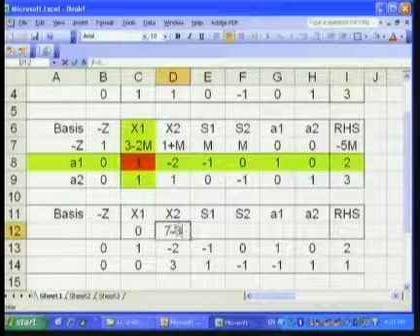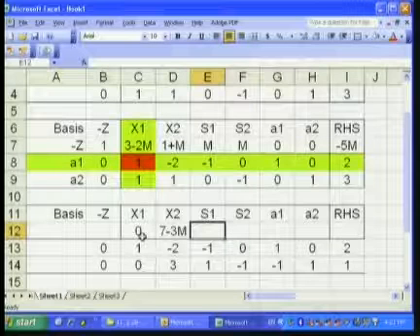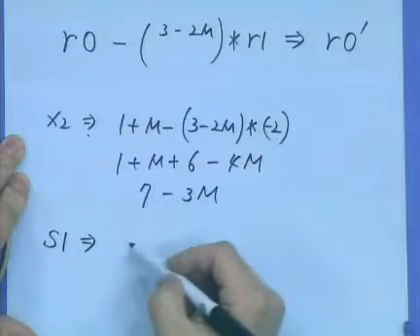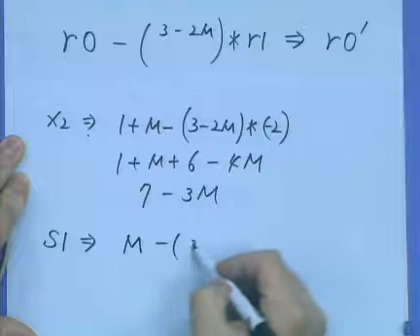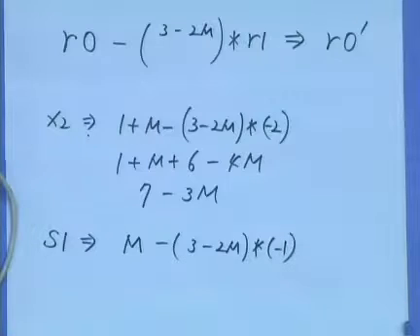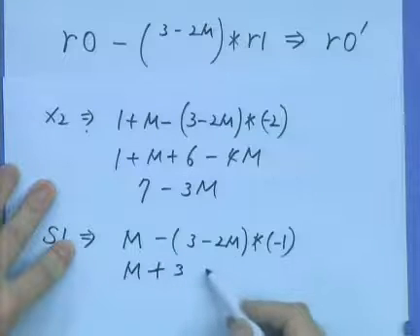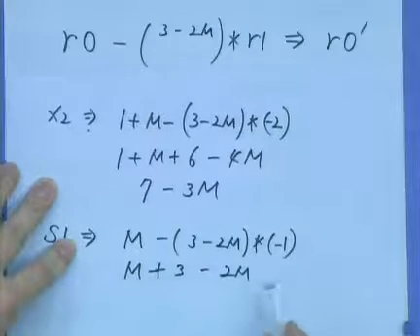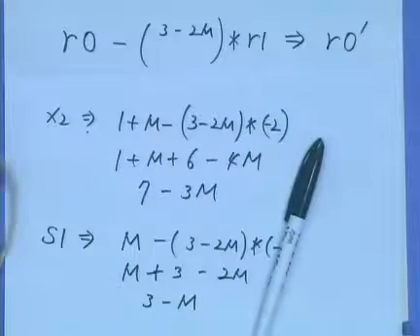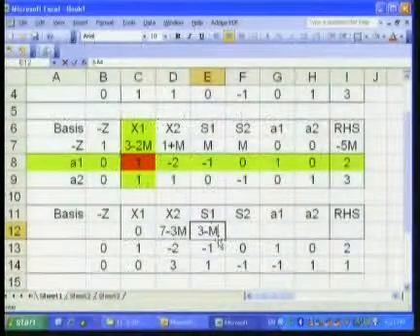7 minus 3M. What about the coefficient for the S1 variable in the objective function row? It's going to be M minus 3 minus 2M times negative 1. It's going to be M plus 3 minus 2M, which is 3 minus M. So we can put 3 minus M in here.